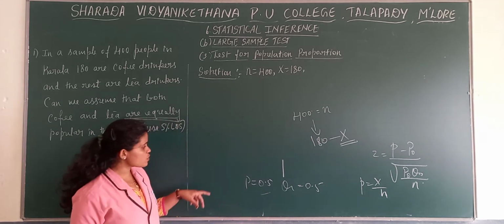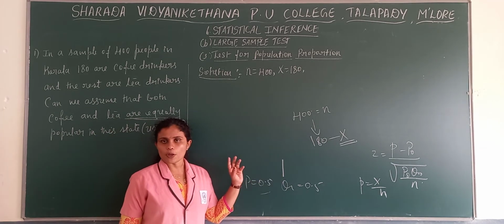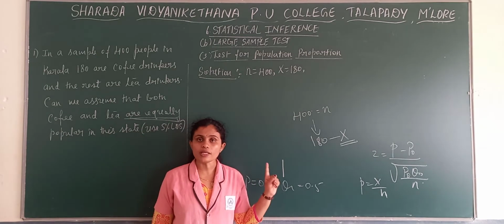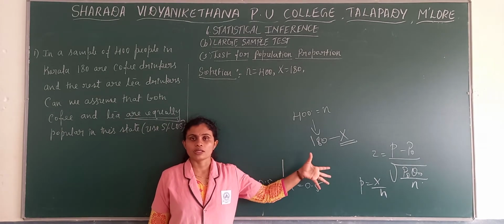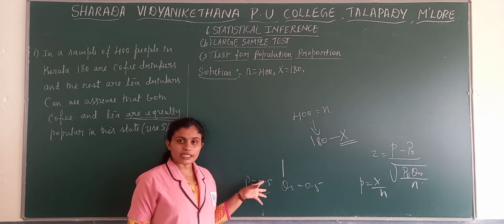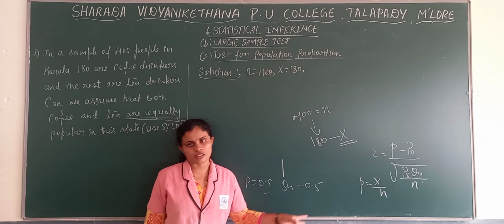Equally distributed means the proportion is considered as 1 out of 1, so the proportions of P and Q are 0.5 and 0.5.